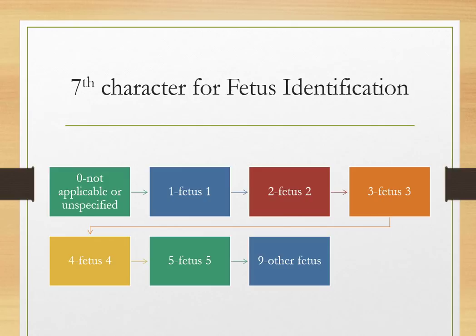Assign a seventh character of 0 for single gestations, when the documentation in the record is insufficient to determine the fetus that was affected, and it's not possible, watch this, not possible to obtain clarification, or when it is not possible to clinically determine which fetus is affected. Then after that, guys, you follow the seventh character designation. But I think it's important to note, 0 is for single gestation.